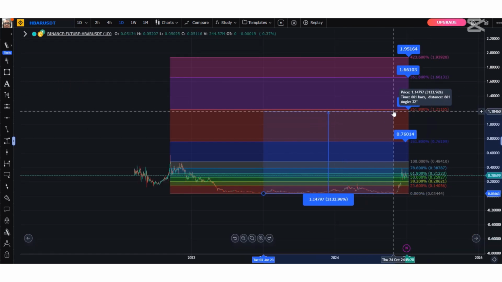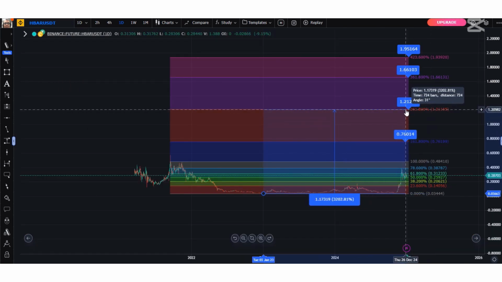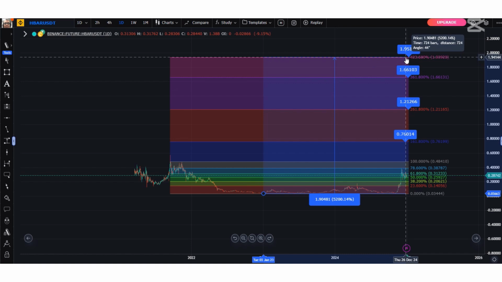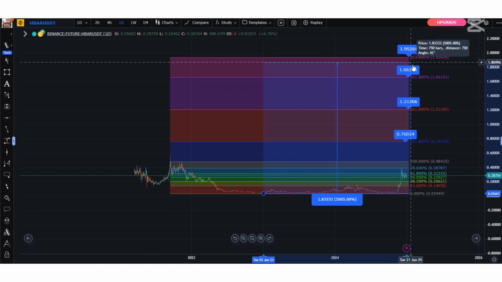This thing, even right here at the middle, is a 30x this cycle. For me, anyways, I feel like I'd be taking a little bit out then, because doing a 50x on a coin in a cycle is amazing, and especially one of these. But I do think it's pretty bullish. It's being talked about, and there's a lot of action going around it news-wise. So the community's growing, stuff like that.